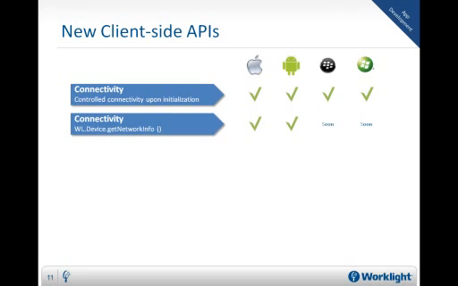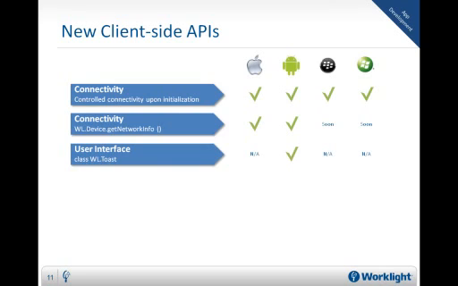The Get Network Info interface enables you to retrieve various network properties from the device, including Wi-Fi name, connection type, mobile network type, and carrier name. Based on this information, your app can make runtime decisions as to which functionality to expose to the user or which user interface to display.